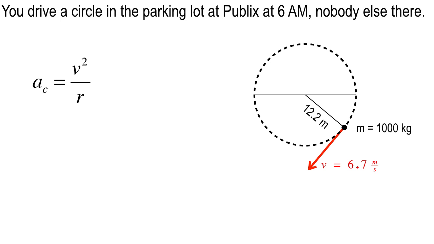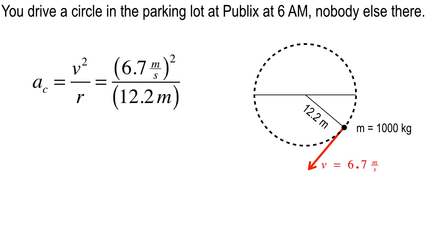Radius of curvature in the Publix parking lot 12.2 meters. Okay, let's calculate this quotient here. Centripetal acceleration, v squared over r. And so we go 6.7 meters per second, quantity squared in the numerator. All right, so that's going to be a little bit less than 49, a little bit bigger than 36. And 12.2 meters for the radius in the denominator.